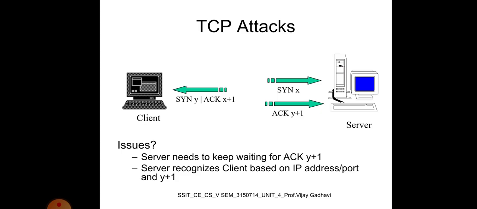The issue is the server needs to keep waiting for acknowledgement y plus 1. The server recognizes the client based on IP address, port and y plus 1. That means a feedback log is generated when a packet reaches the client and the client sends acknowledgement to the server.